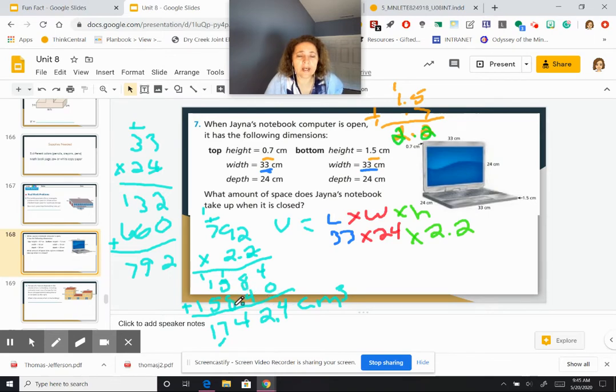Carry my 1. 8 plus 5 plus 1 is 14. Carry my 1. 5, 6, 7. 1 plus 0 is 1. So I got 1,742 and 4/10 centimeters cubed. Okay. All right. Let's do our next one.